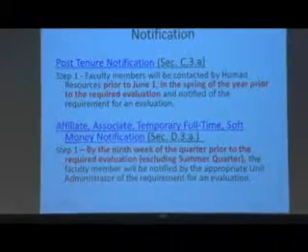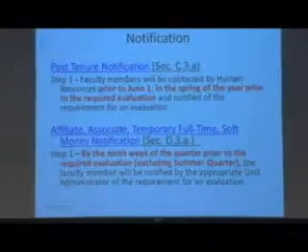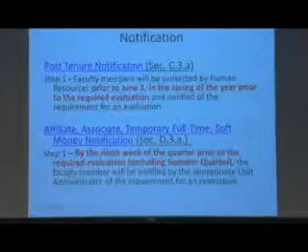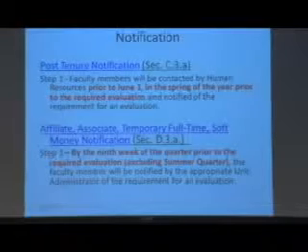Okay. So, notification. Something tells me I already jumped into a little bit of notification with the post-tenure, but we'll see it again. Post-tenure notification is supposed to occur in the spring of the year prior to the required evaluation. I think a couple of years ago this wasn't happening as regularly and consistently as we wanted. I think it's happening more effectively now, more pervasively.